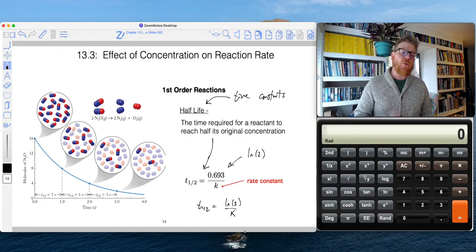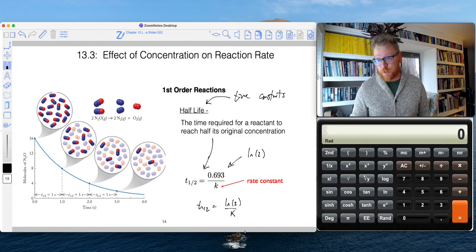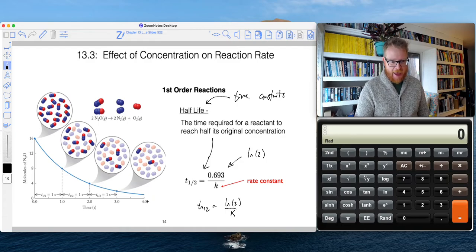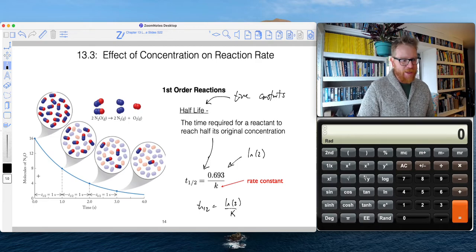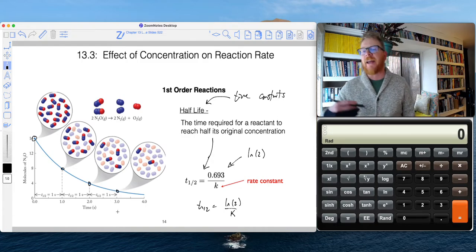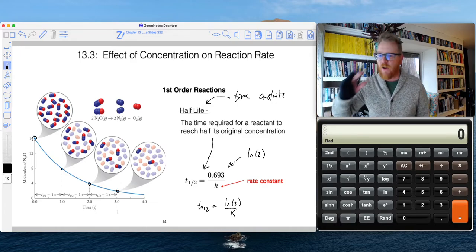So now there's something rather interesting that happens in a first order reaction. Because it's this exponential decay, if you think about it, there's actually an infinite number of half-lives for a first order reaction, right? Let's say we're starting at 16, half of that gives us 8. Then a second half-life would take us down to 4, and another would take us down to 2, and then 1, and 0.5, and 0.25, and on and on and on.